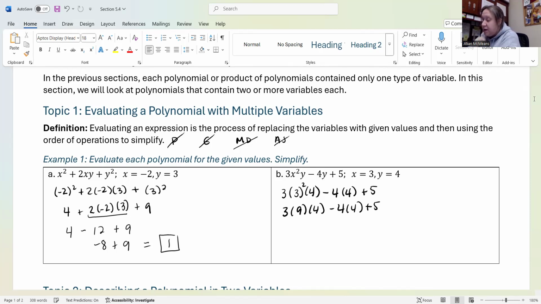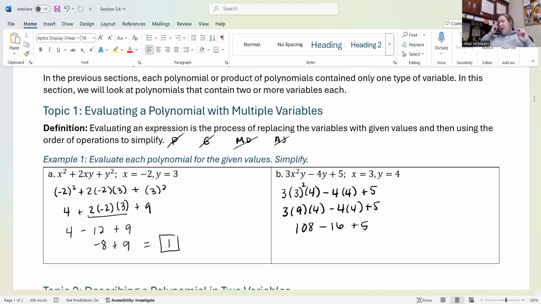Well, let's see. 3 times 9 times 4, that's 12 times 9, which is 108. Or you could do 3 times 9 is 27, 27 times 4 is 108. You could do 9 times 4 is 36, 36 times 3 is 108. Either way, you're going to get 108. 4 times 4 is 16, so that's going to be -16, and then drop down your plus 5.